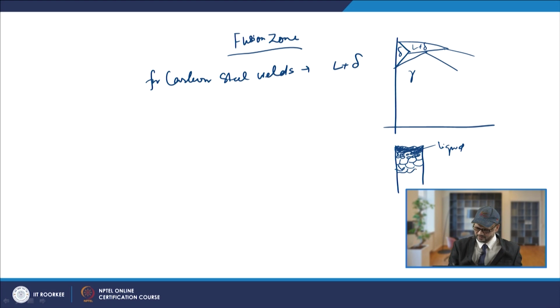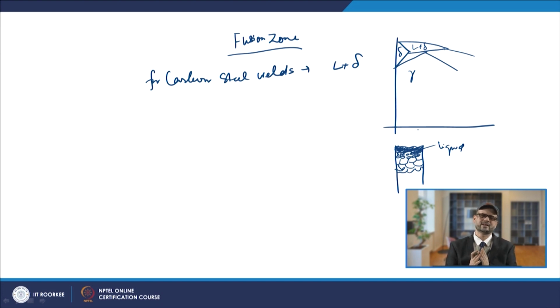So, this is basically the liquid plus delta zone, and it is indicative of a fusion zone in such cases. This will be the demarcation line.